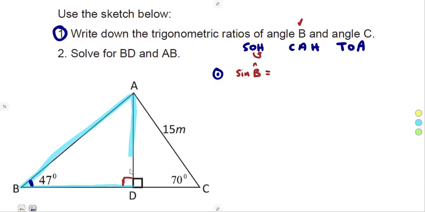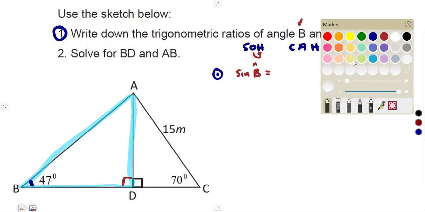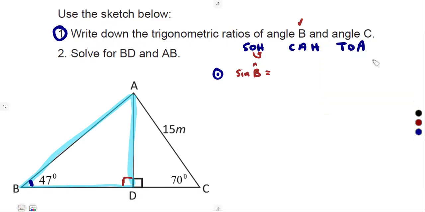Using triangle ABD, according to angle B, remember I said you name your sides according to the angle that you're given. We are given angle B. So according to this, AD is our opposite. BD is adjacent. Angle B and 90 degrees are adjacent to each other here.